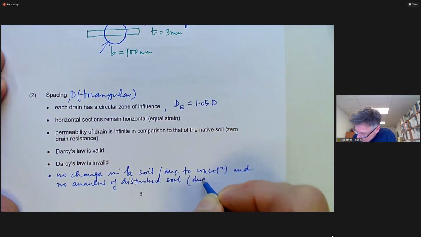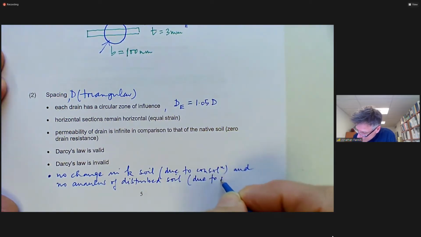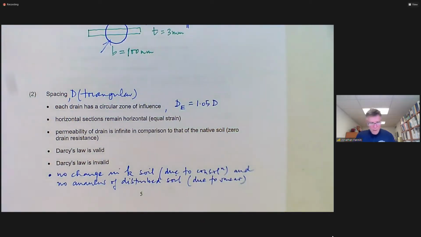I'm going to capture this phrase again, due to smear. And this combination is what we would call the ideal case.